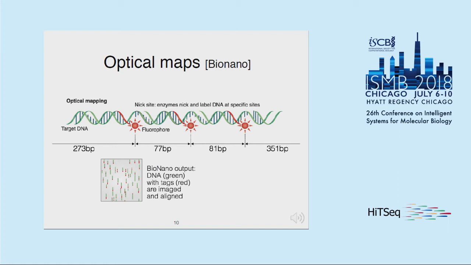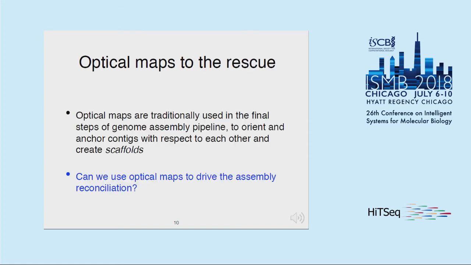So the optical map is also fragmented, but the fragments could be millions of base pairs. Usually the optical maps are used in the final steps of the genome assembly pipeline to orient and anchor contigs with respect to each other and create scaffolds.